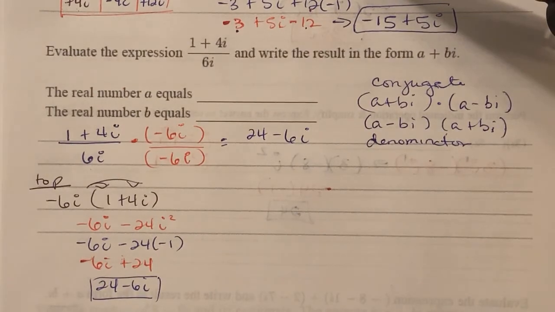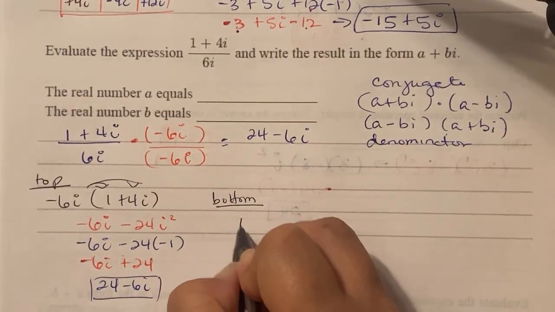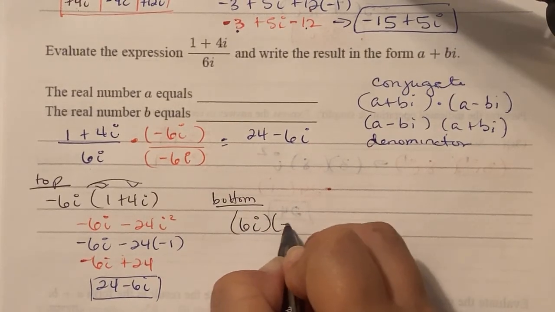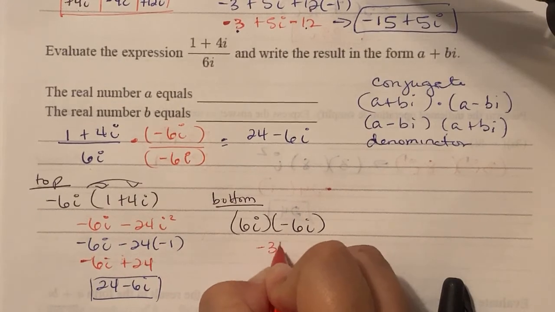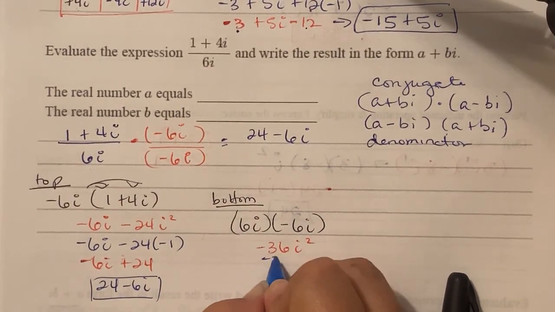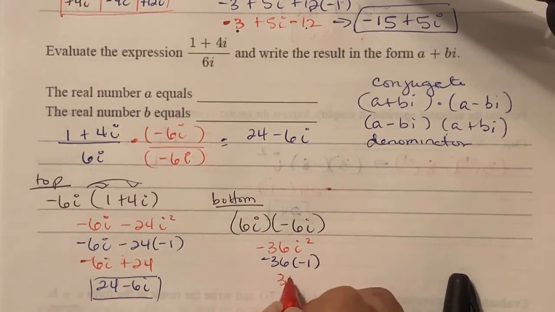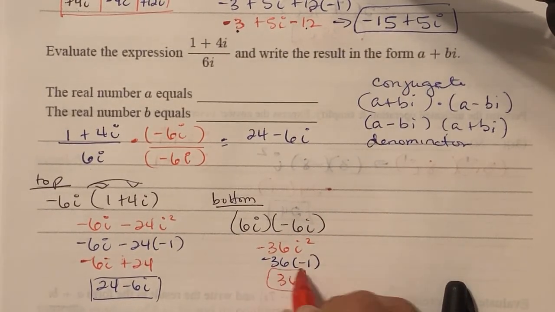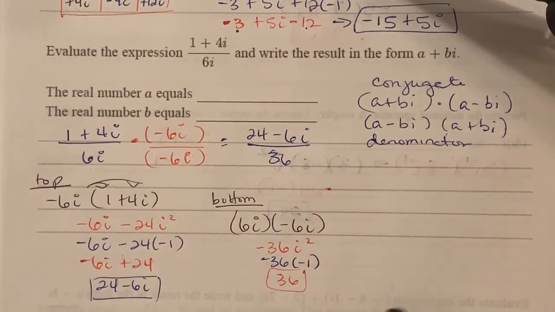Then we go to the denominator line, so the bottom. We have 6i, and we multiply it by the conjugate of negative 6i. So that gives us negative 36i squared, which remember, i squared is -1, so we get negative 36 times -1, makes it positive 36. So we're at that point, which means we have to simplify by reducing.